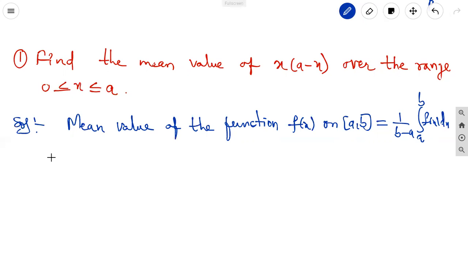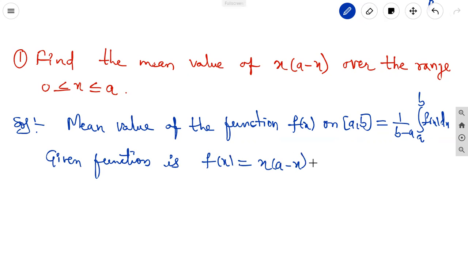Here, what is the given function? Given function is f of x equal to x into a minus x over the range 0 is less than or equal to x is less than or equal to a. That is nothing but here a is equal to 0, b equal to a.